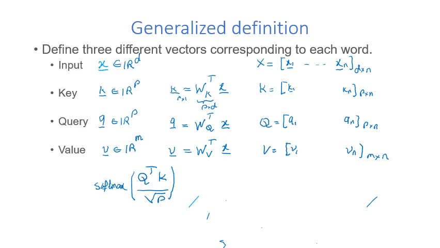So in this n by n matrix, it's as if you normalize rows of this matrix such that it sums to 1 and all of them are positive. And then you multiply this by V, which is M.